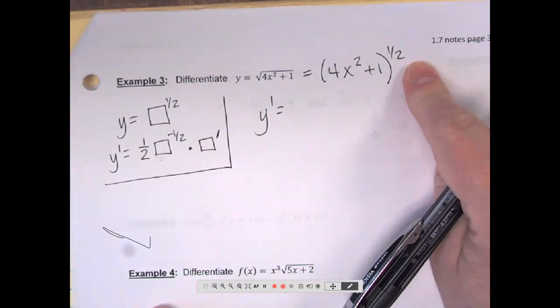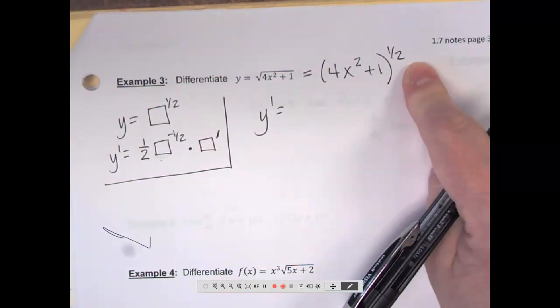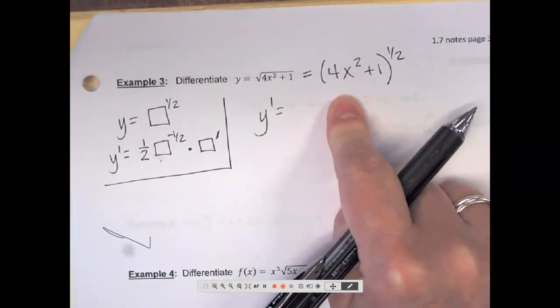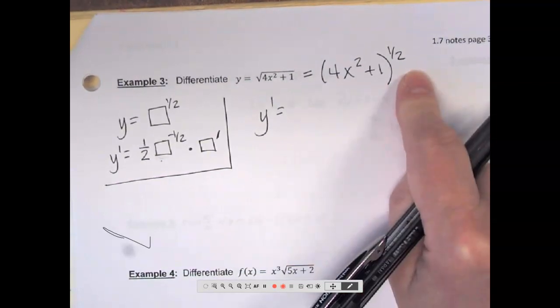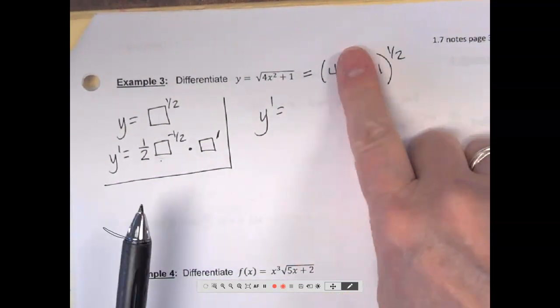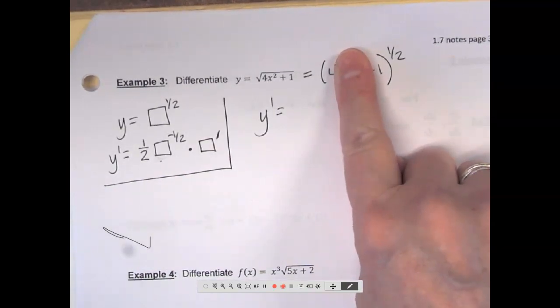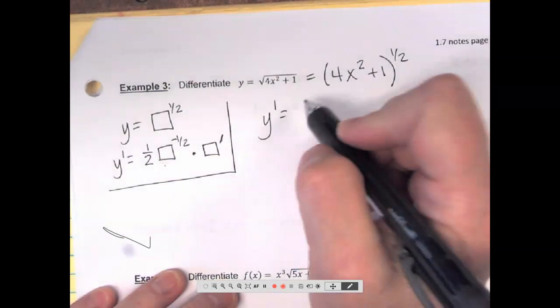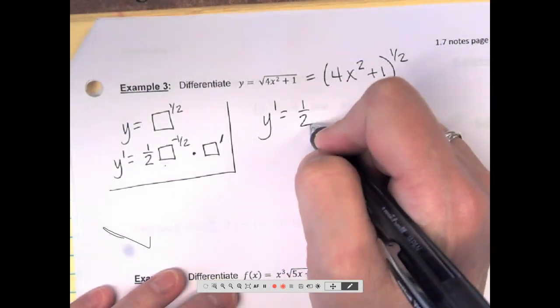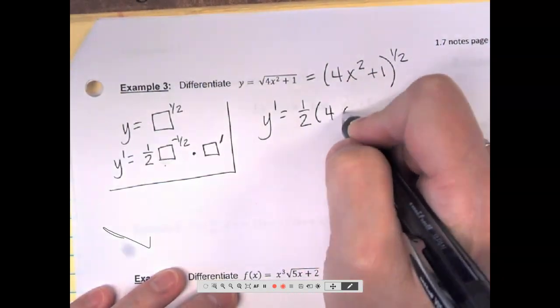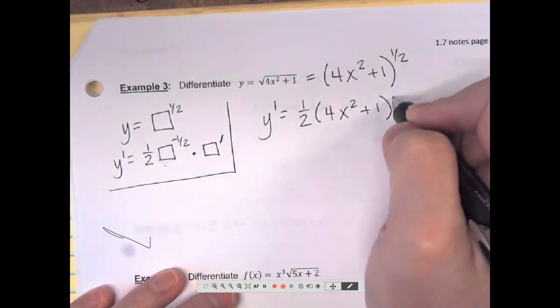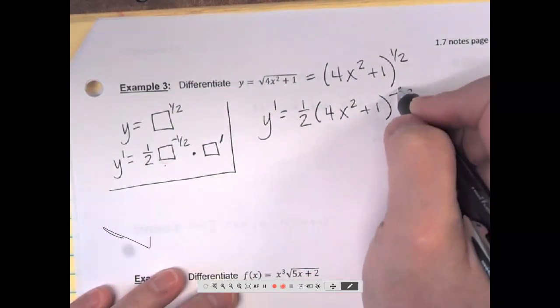The outer function here is that power of 1/2. The inner function is the 4x squared plus 1. I start with the outer function. So ignore this for now, and you just say, okay, how would I take the derivative of something to the 1/2? I would bring 1/2 down in front, and then that power would be reduced to negative 1/2.